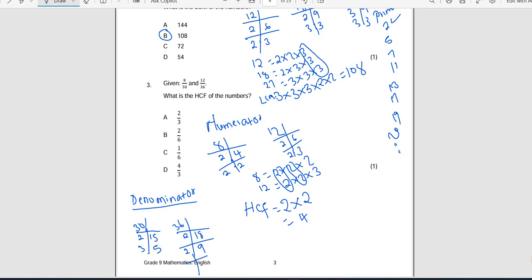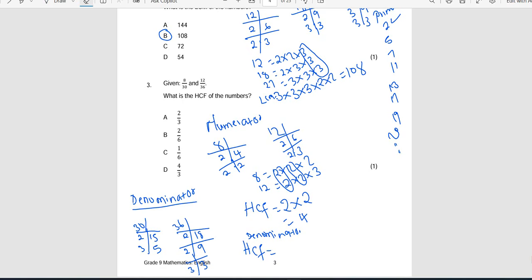Then we have 3 and 3. The highest common factor for the denominator, let me start by listing them.